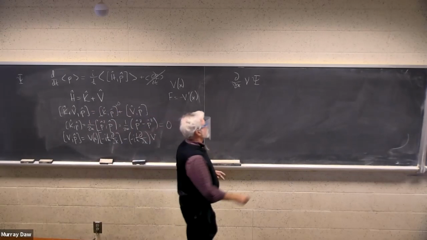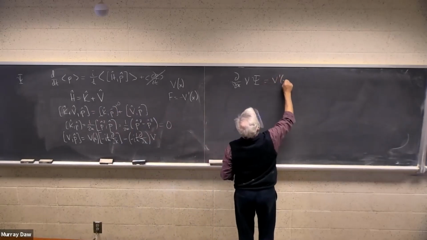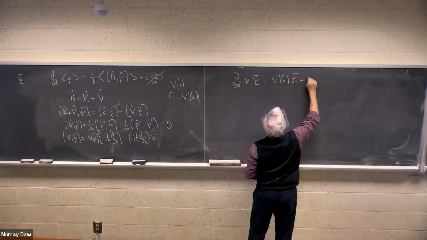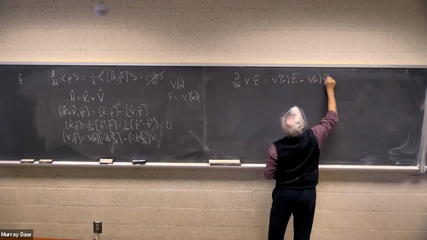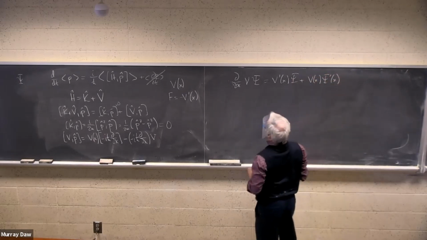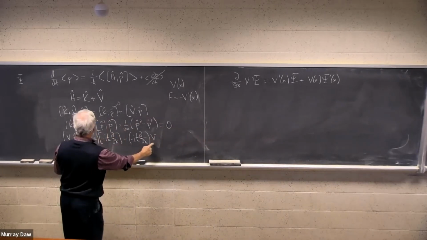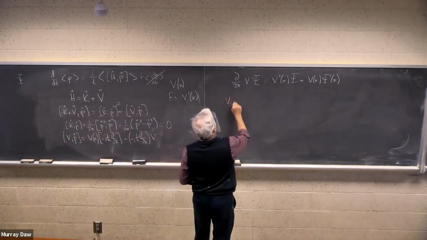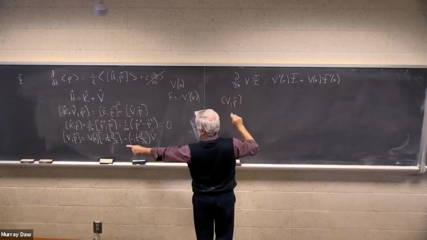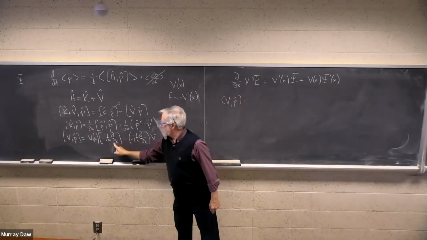There's 2: V prime of x times psi plus V of x times psi prime. So when I write this, I have to keep that in mind. There's actually 2 terms, whereas there's only 1 term here. This derivative is acting to the right.